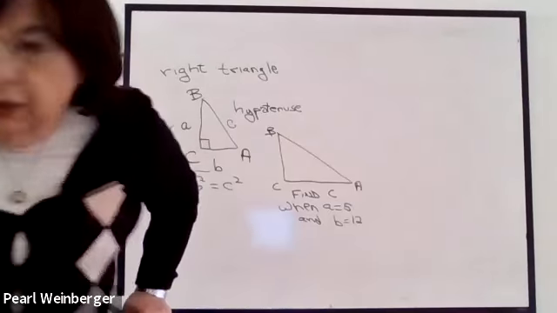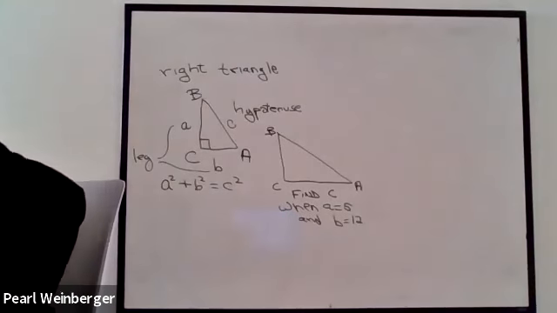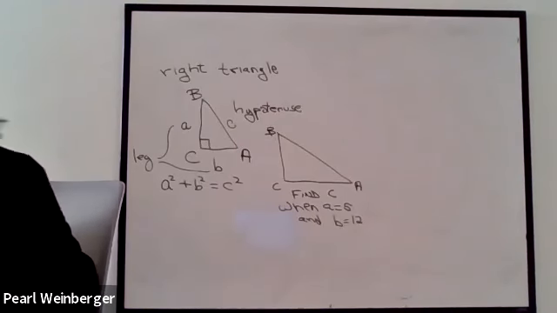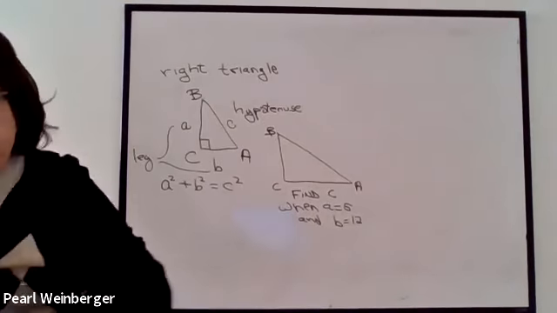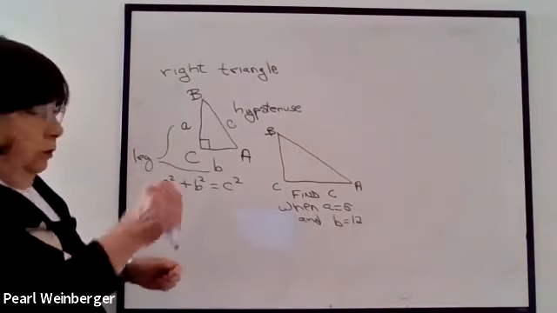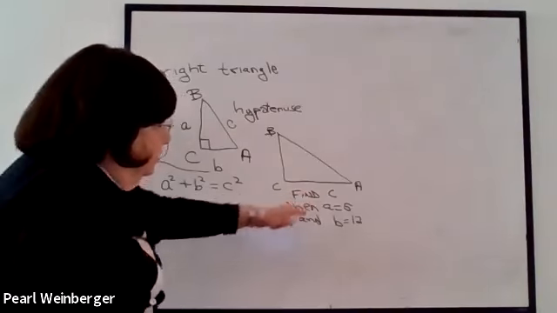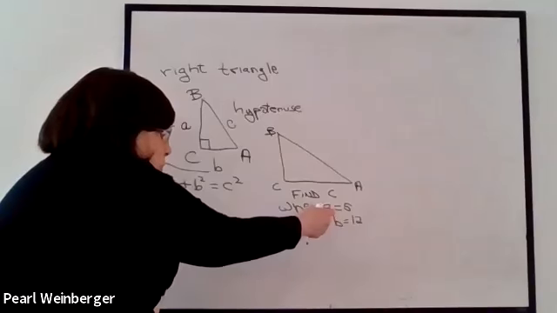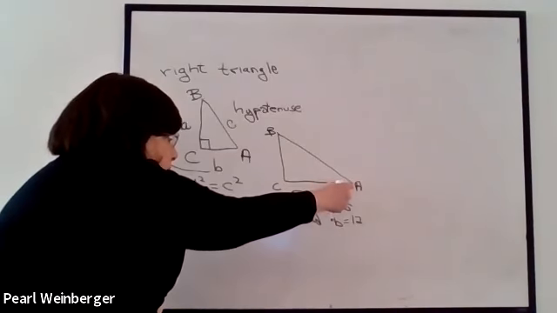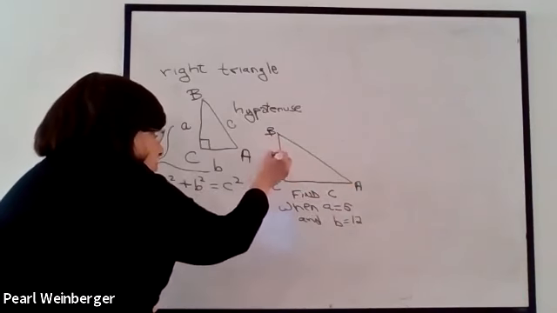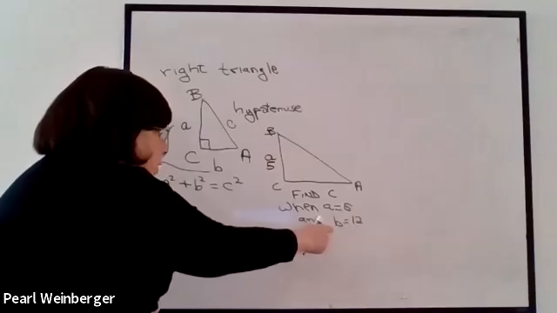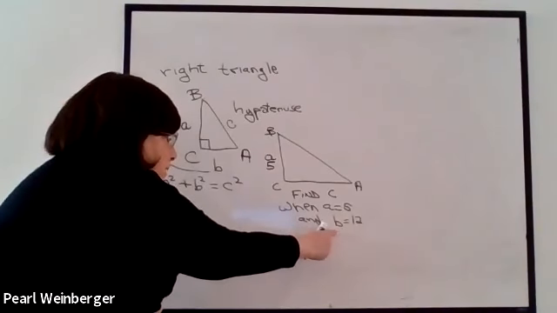Okay, so let's look at this problem. So if we look at this, we're told that A is 5. Now remember, the little a is across from the capital A, so this is where my A is, which is 5. And we're also told that B is 12.